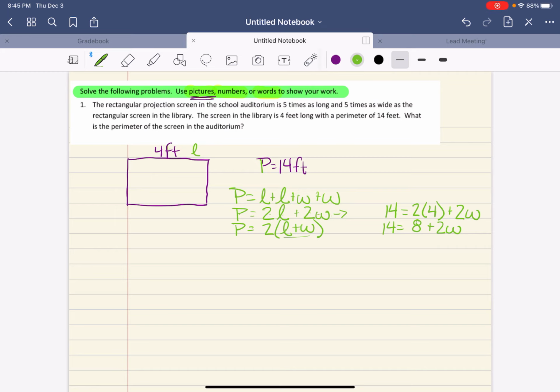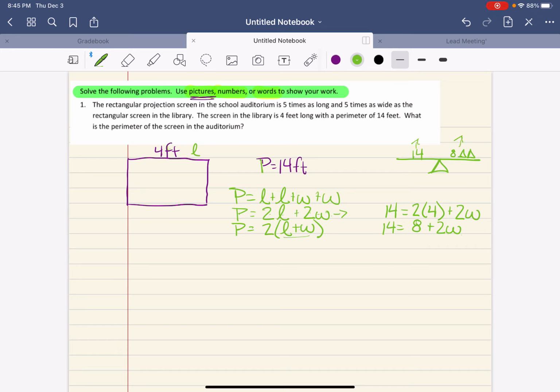Okay, so just like in our hands-on equations, we can think about it as our balance, right? So if we have an 8 and 2 pawns on this side, let me draw that picture just so we can see it. So if we have an 8 and 2 pawns, and then we have a 14, think about what we're going to take away first. Well, we can take 8 from both sides, right?